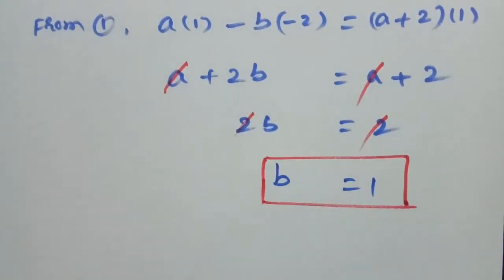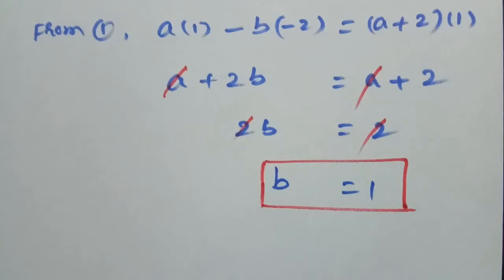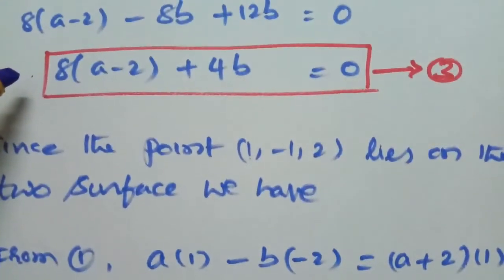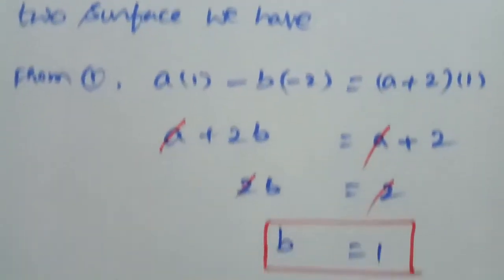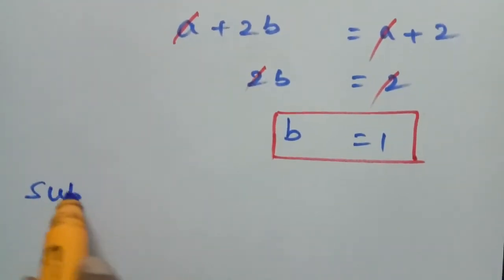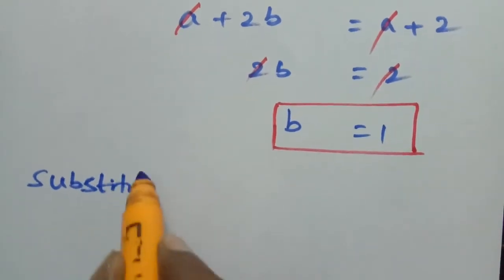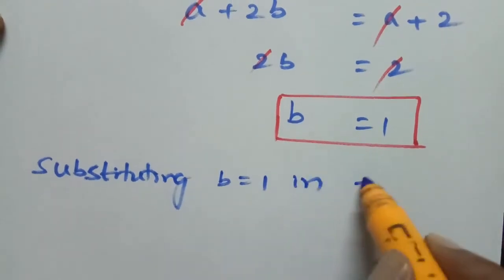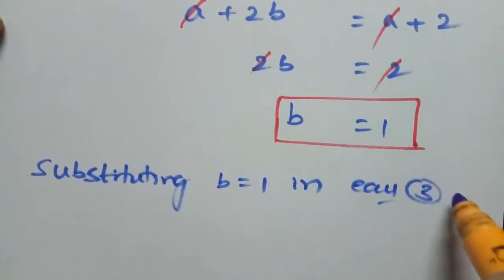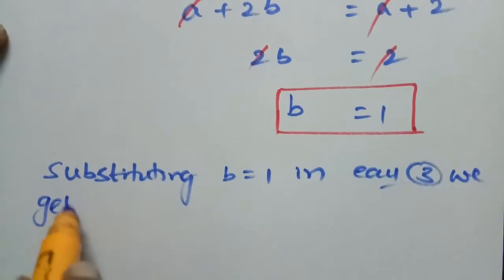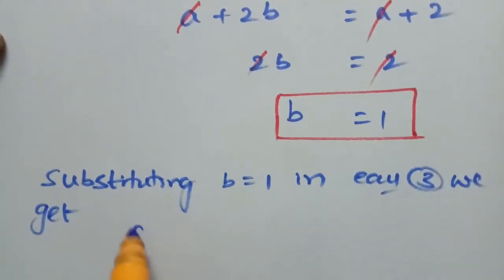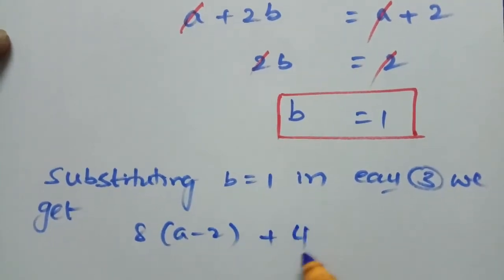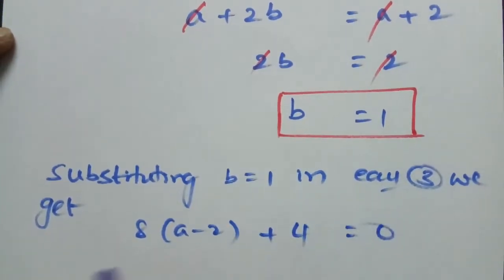Now substituting b equal to 1 in equation number 3, we get 8 into (a - 2) plus 4 into b, that is 1, equal to 0.